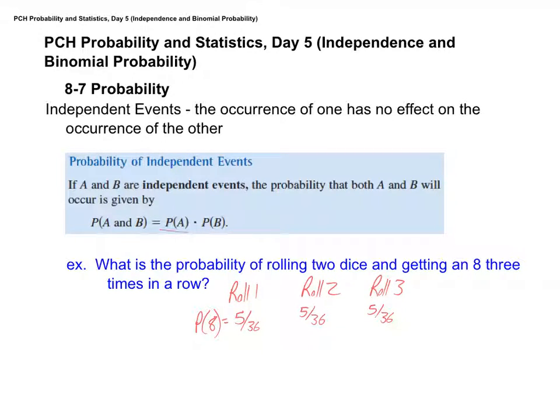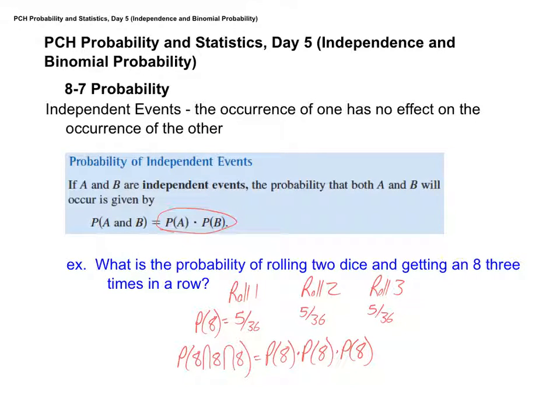So, using our rule here, the probability of getting an 8 and another 8 and then another 8 is going to be the probability of getting an 8 times the probability of getting an 8 times the probability of getting an 8.